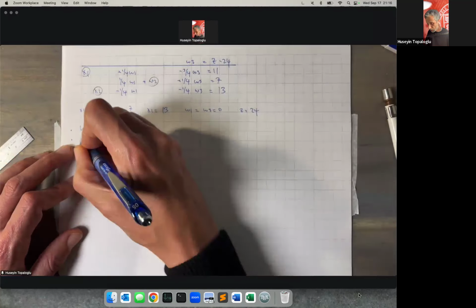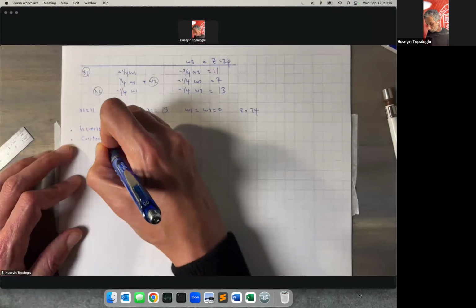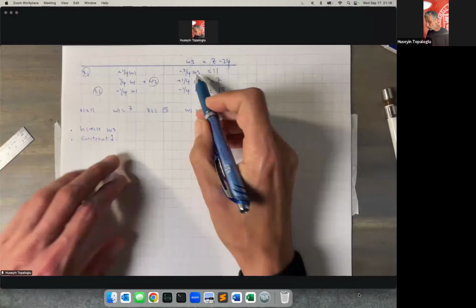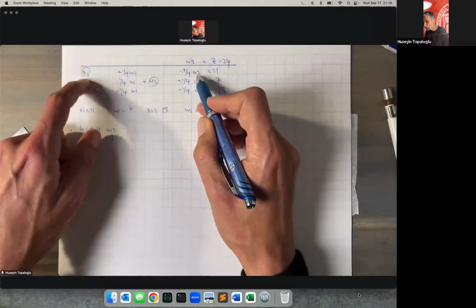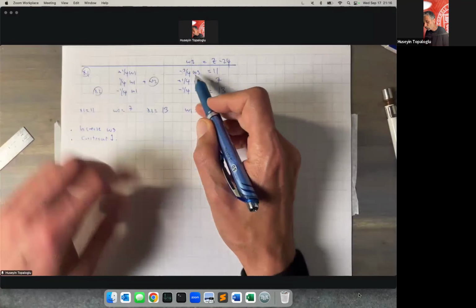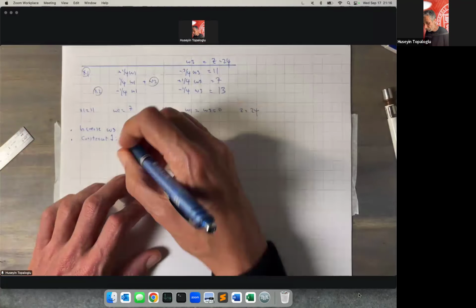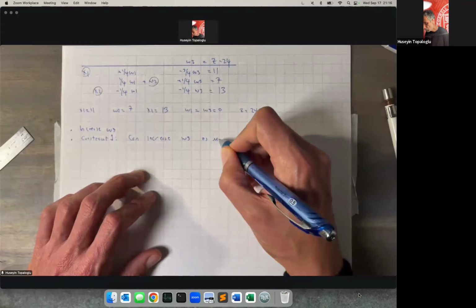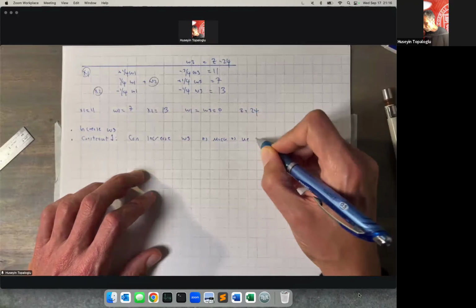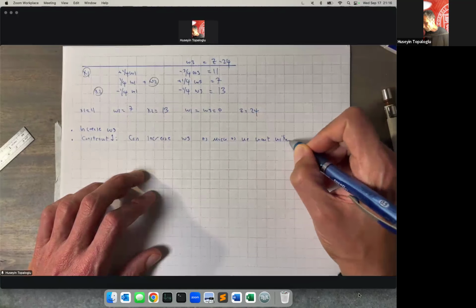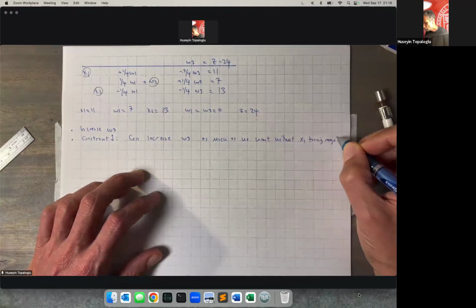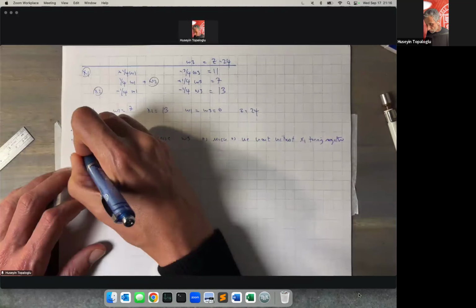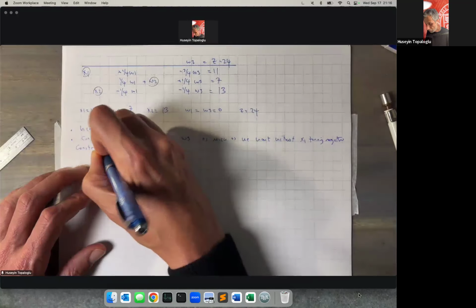How much can we increase w3? From constraint 1, w3 appears with a negative coefficient, so we can increase w3 as much as we want without x1 turning negative. Okay, what's happening in constraint 2?